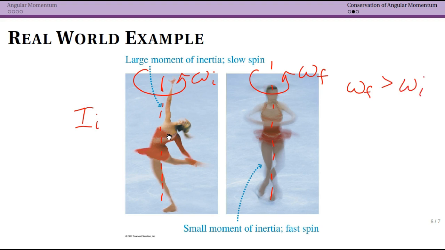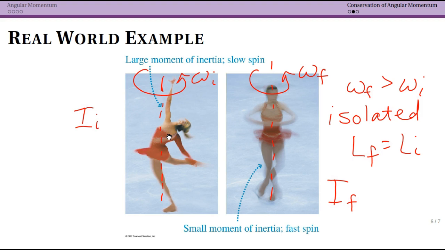Well, in this case, no torque has been applied. We can approximate this as an isolated system. And so in that case, our angular momentum final must equal our initial angular momentum. And what has happened is that her final moment of inertia is actually smaller than her initial moment of inertia, right? Remember, moment of inertia is bigger the more mass you have farther from your axis of rotation.